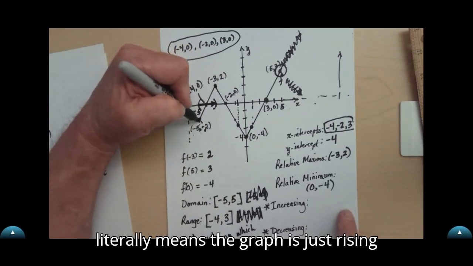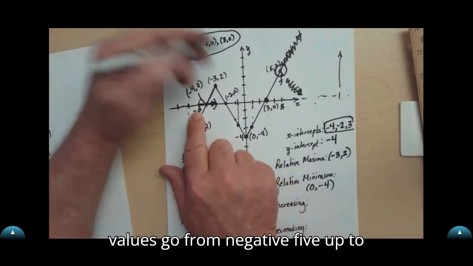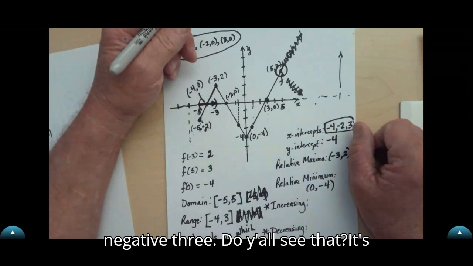Graphically, that literally means the graph is just rising from left to right as my x values go from -5 up to -3. Do y'all see that?